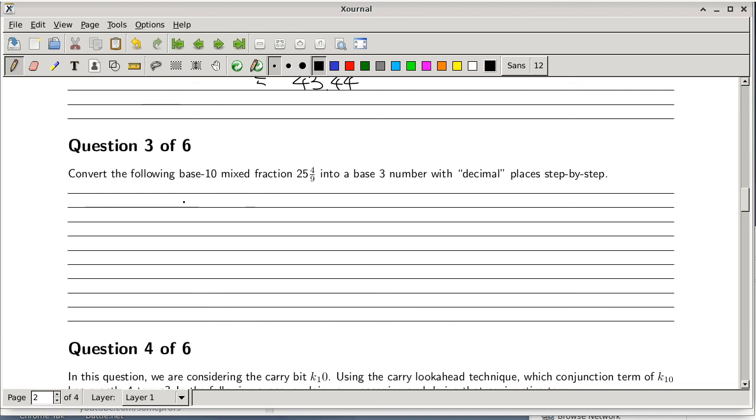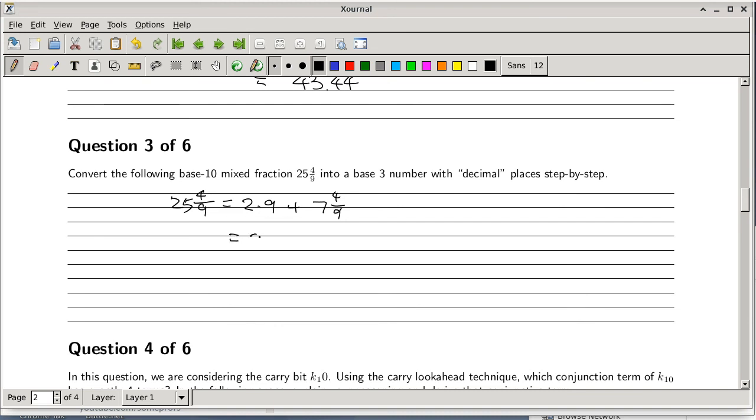So I have 25 and 4/9. The first power of 3 that I'm concerned about is 3 to the power of 2, which is 9. How many 9s do we have in 25 and something? We've got 2 of those, so we say 2 times 9. Because my arithmetic is really bad, I just work on this step by step.